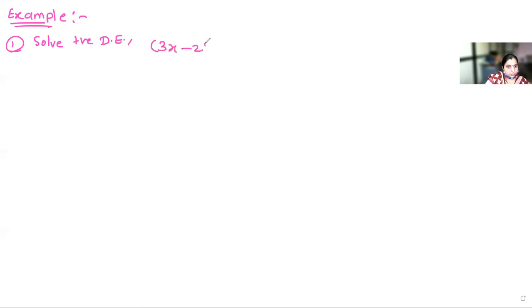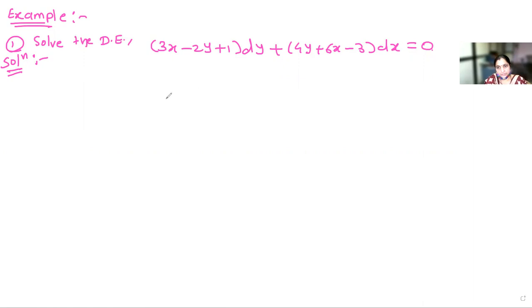(3x minus 2y plus 1) dy plus (4y plus 6x minus 3) dx is equal to 0. So we are going to solve this differential equation. As I told you in the previous lecture, before moving towards the solution of a differential equation, we first identify the type of that differential equation.